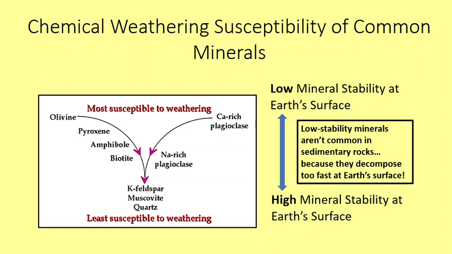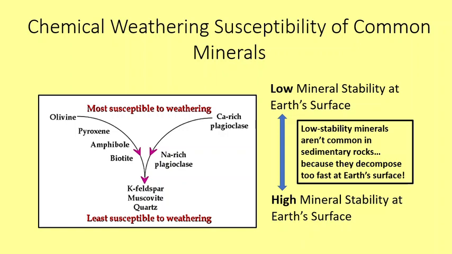And again, this is important for sedimentary rocks because it turns out that low stability minerals up toward the top of the diagram aren't really very common in sedimentary rocks precisely because they decompose so rapidly at Earth's surface. So if you have a rock that contains a whole bunch of minerals, including many of the minerals shown on the diagram, it's the high temperature minerals that go away first.